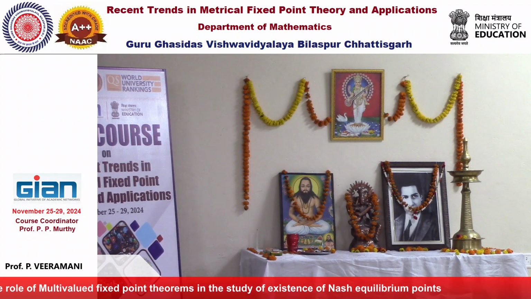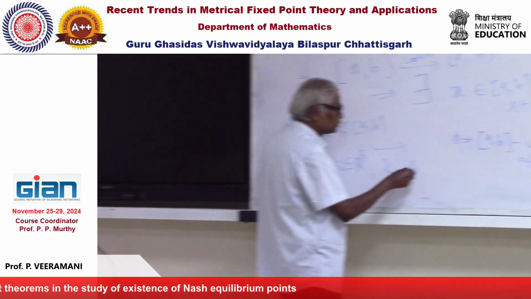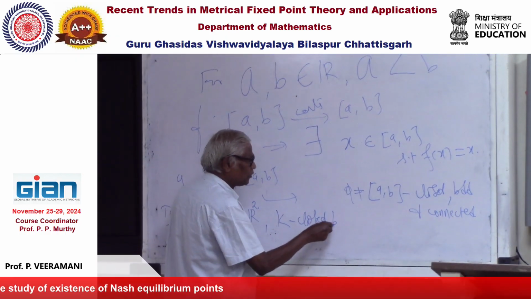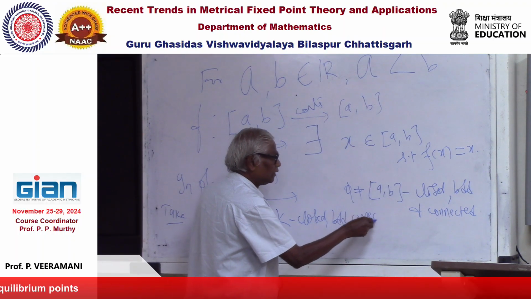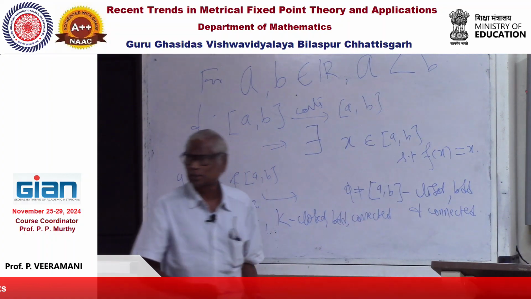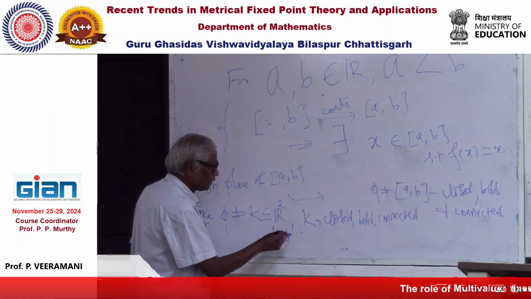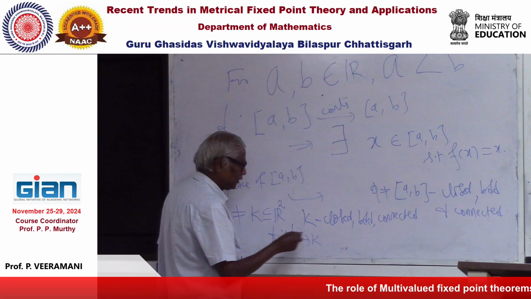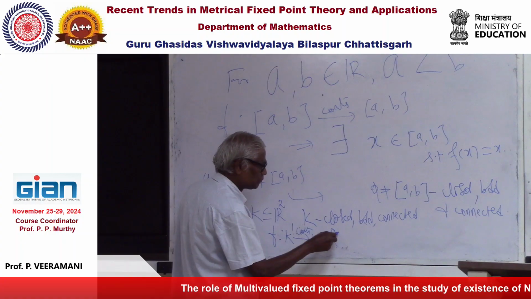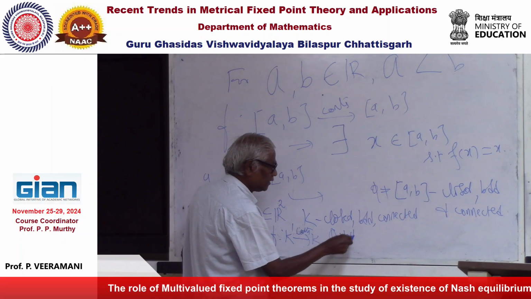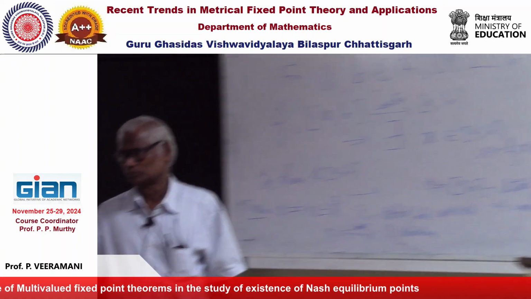So suppose K is a closed, bounded, connected subset of R2, and f from K to K is continuous. Then the question, whether we are forming the statement in a natural way.